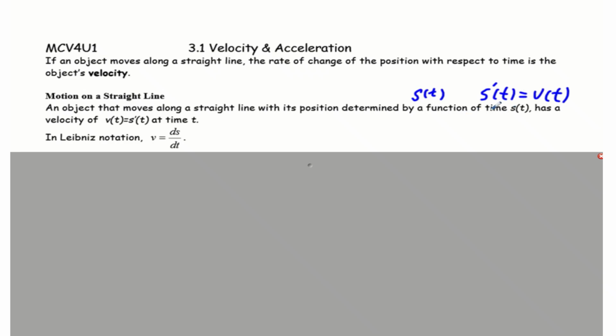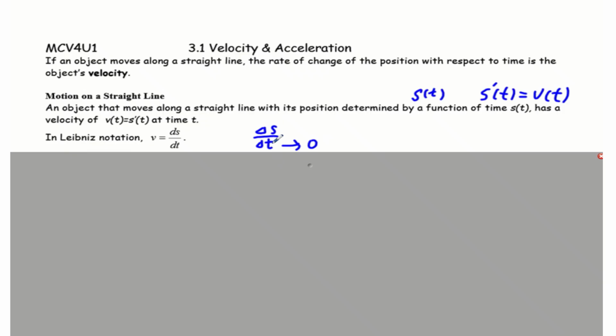We know how to do the derivative, so we just need to apply derivatives to find the velocity. In Leibniz notation, we write v equals ds over dt. The d is the same as our delta, so delta s over delta t, but the difference is when delta t approaches 0.